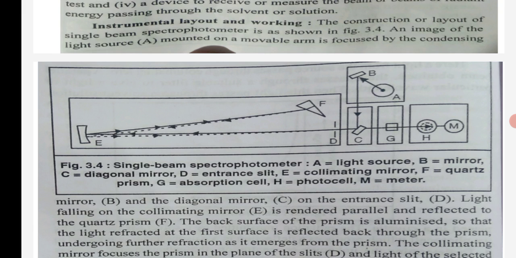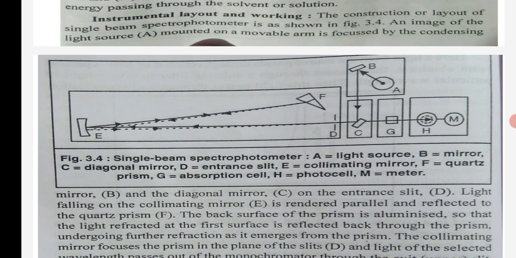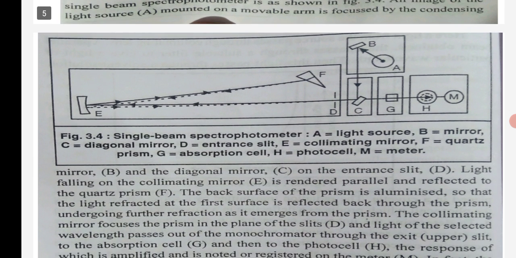A is a light source mounted on a movable arm, focused by a condensing mirror, and B is a diagonal mirror, and C is the entrance slit, and D is the collimating mirror.